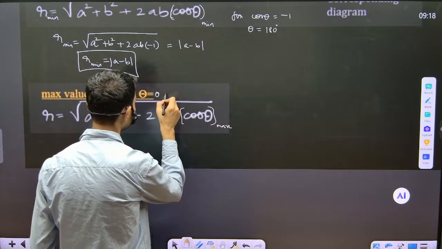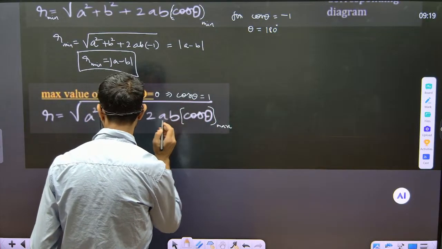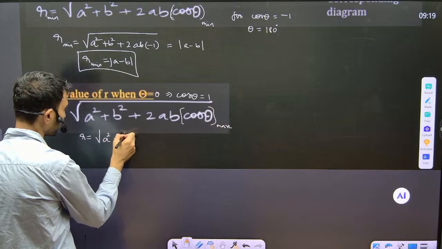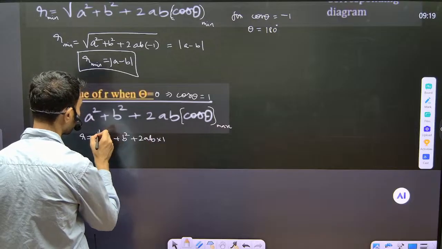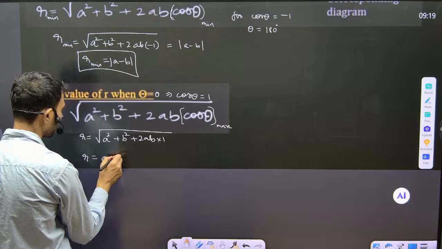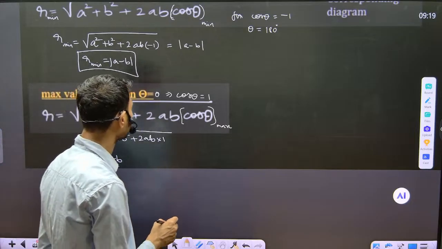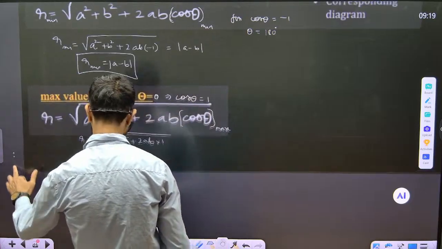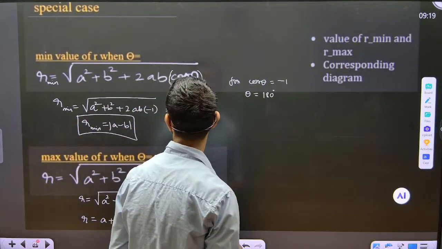Then cos theta is 1. So you get R equal to under root of a square plus b square plus 2ab into 1, so R is equal to a plus b for theta equal to 0. Take this one.